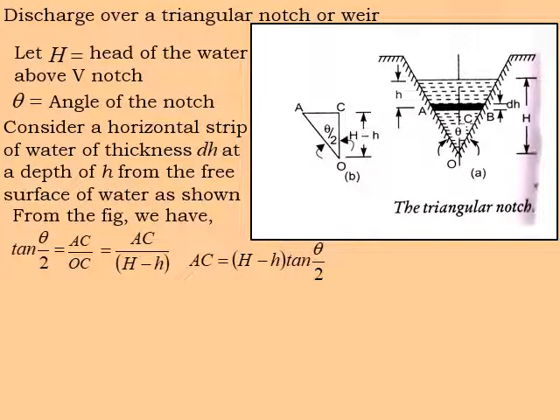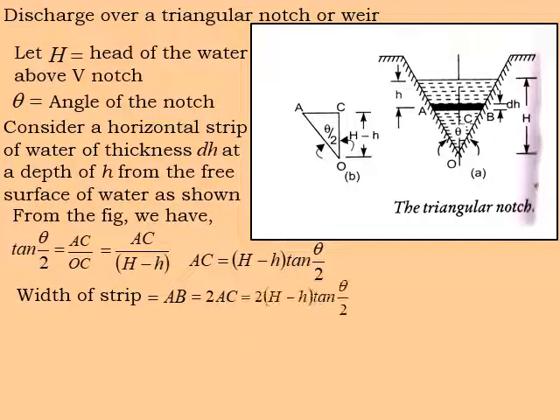So AC equals (H minus h) into tan theta by 2. Now the width of the strip is given by AB, and AB equals 2 times AC. Hence, the length of AC, (H minus h) tan theta by 2, is substituted in this 2AC.